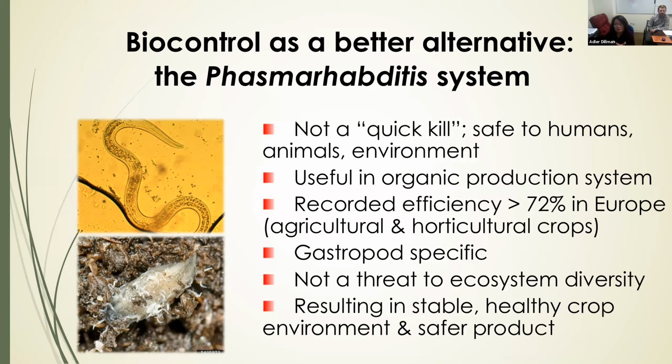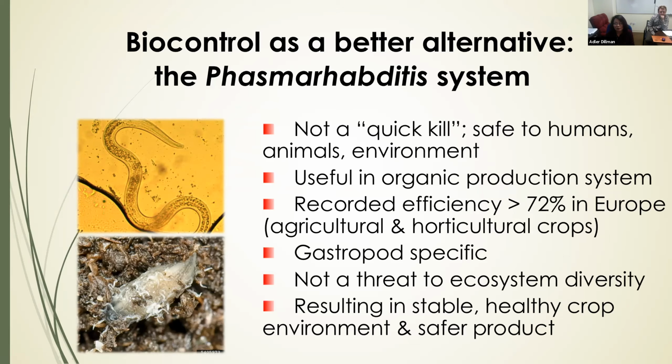So this is now, we would like to say that indeed this is a better alternative than the chemical control. Although it is not a quick kill, it is generally safe for humans, for our pets, for the animals, and the environment in general. And therefore, they can be used in the organic production system.